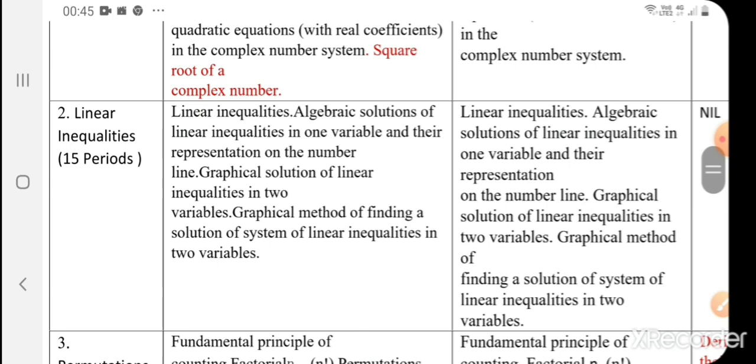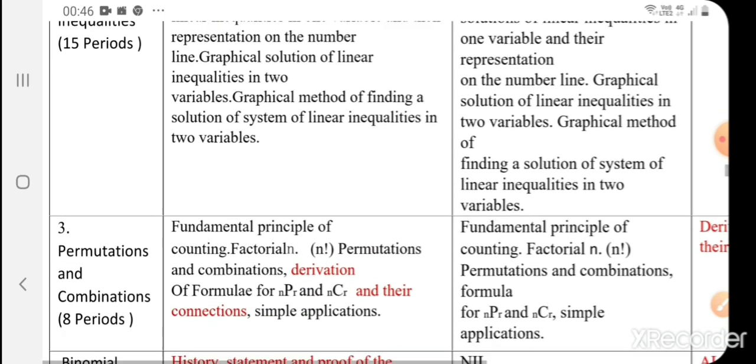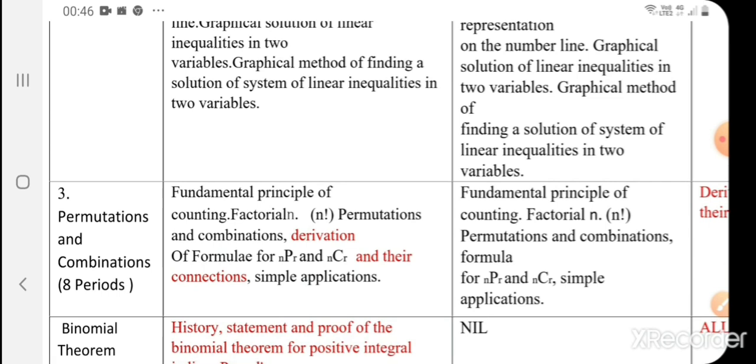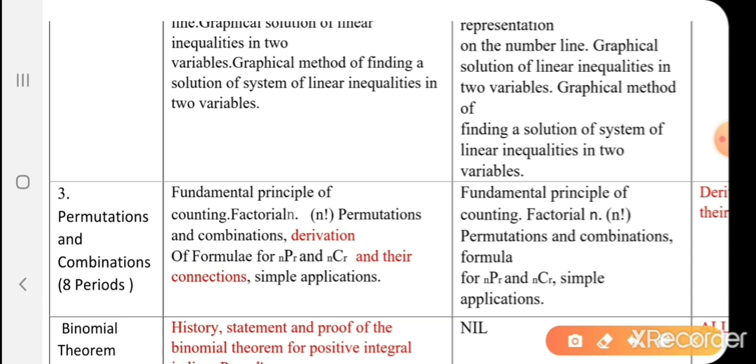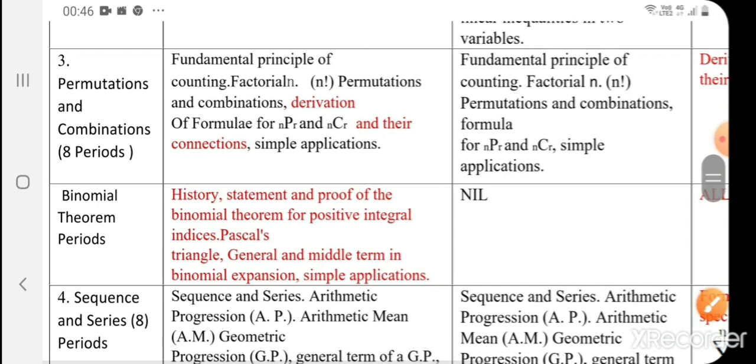Nothing is excluded. You have to read all. The third chapter, permutations and combinations: only a simple thing is excluded here, the derivation of these formulas and their connection between permutations and combinations, and others are included this year. And the binomial theorem is already excluded.